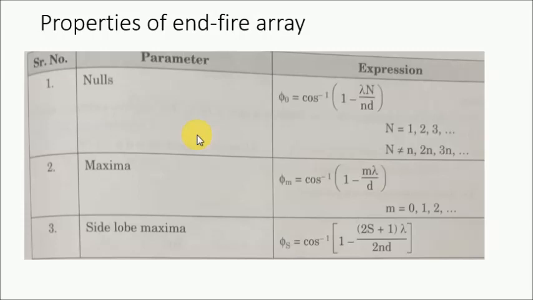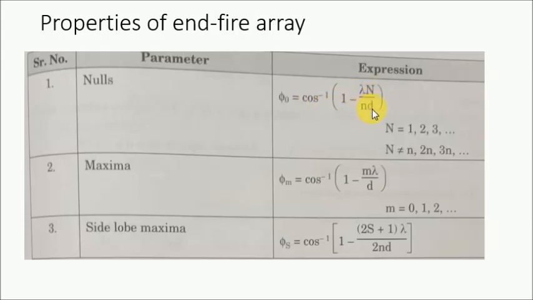So in this case, for the nulls, you can consider the equations for the linear array, and in that equation put alpha equal to minus beta d for phi equal to 0 degree. Now we know the null phi 0 is cos inverse of 1 upon beta into in bracket minus alpha plus or minus 2 n pi divided by n from the last conditions. If I put alpha equal to minus beta d and simplify, the null directions will be cos inverse of 1 minus lambda capital N divided by small n into d.